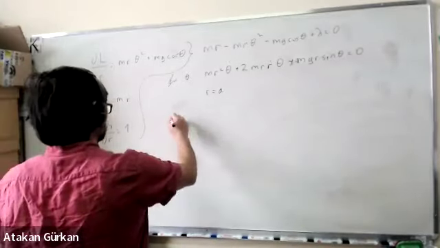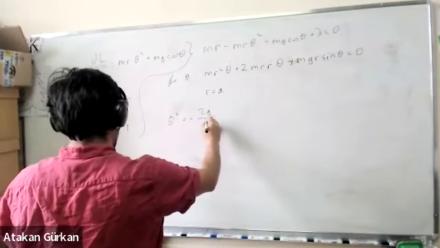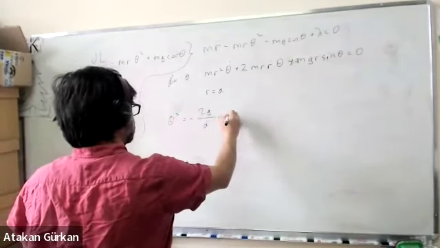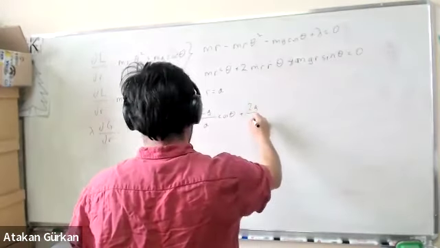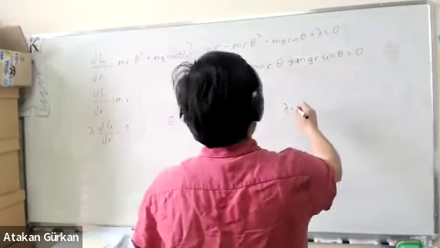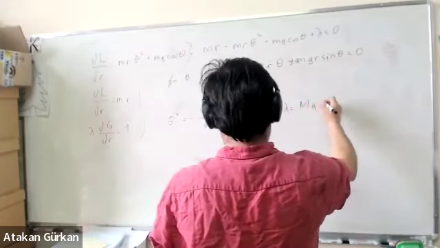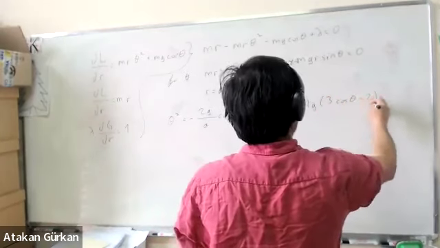So you get theta dot square is minus 2g over a cosine theta plus 2g over a, and perhaps more importantly, lambda equal to mg (3 cosine theta minus 2).